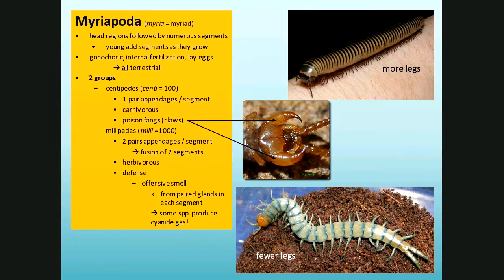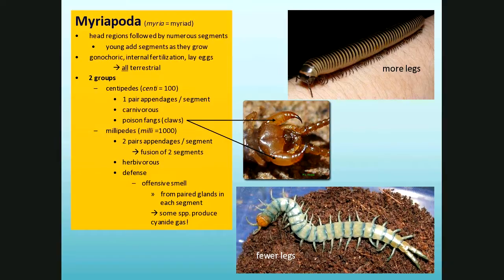Notice the centipedes are carnivorous. They have these poisonous fangs or claws, whereas the millipedes are herbivorous. And of course, if you're a herbivore, it's easy for other things to eat you. You're usually not a fighter, if you will. Herbivores are known for being runners or being camouflaged.